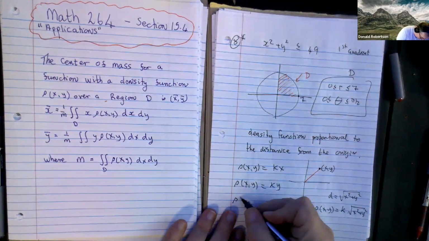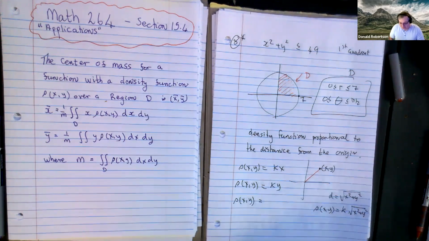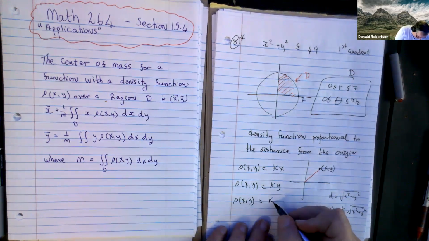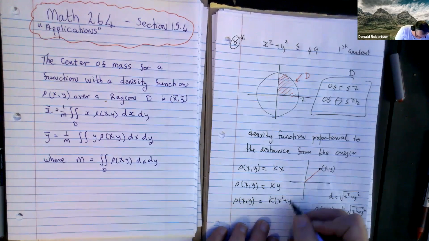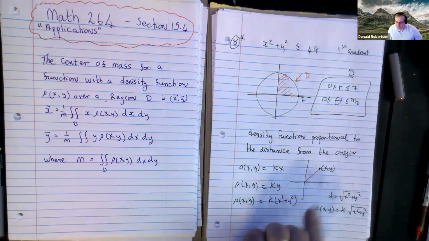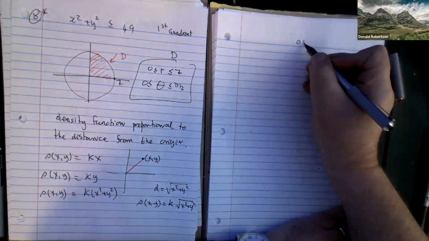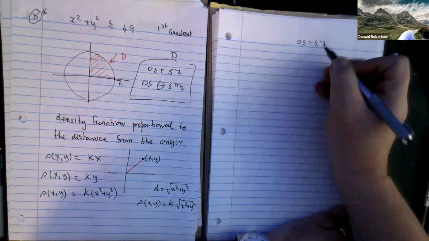If I said that the density function is proportional to the square of the distance, it would be k times x squared plus y squared, right? And so on and so forth. This is the density function for our story. So what do we have? We have r goes from 0 to 7.